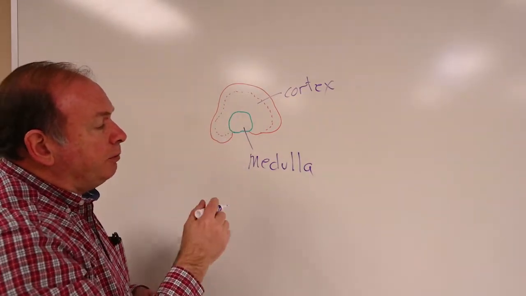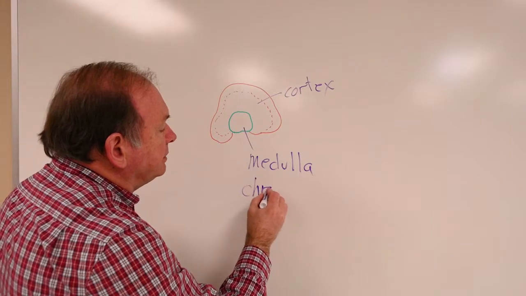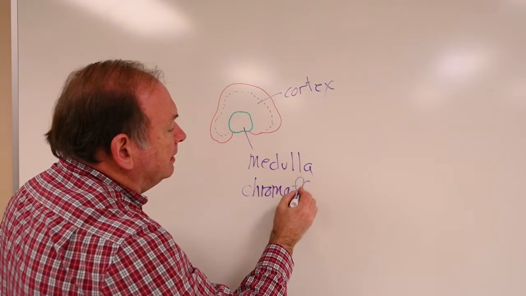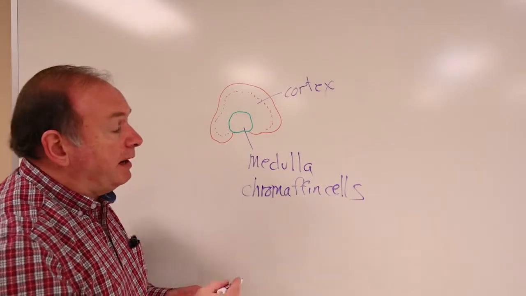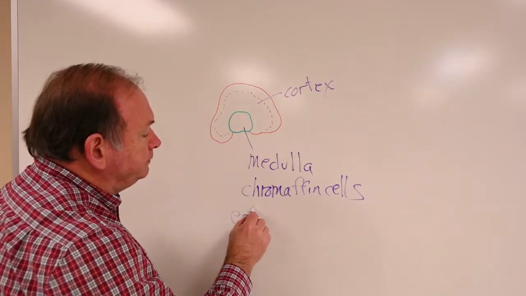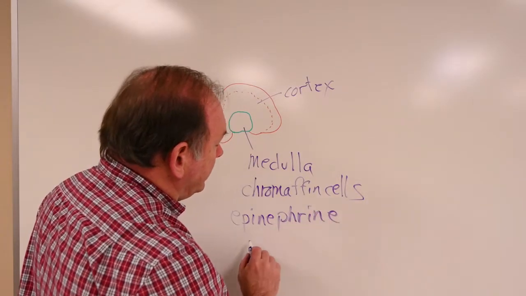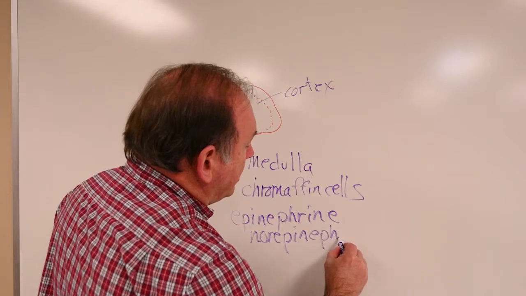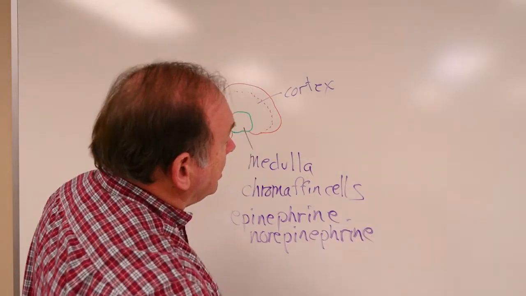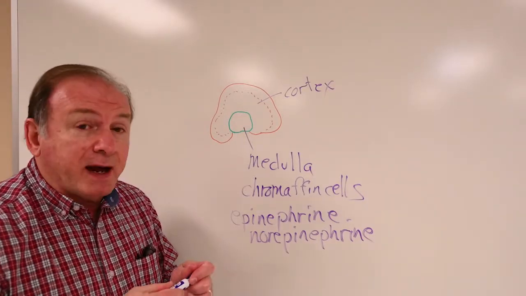The adrenal medulla has a kind of cells that we call chromaffin cells. They produce both epinephrine and norepinephrine. Those cells can be stimulated by your autonomic nervous system, your fight or flight system.